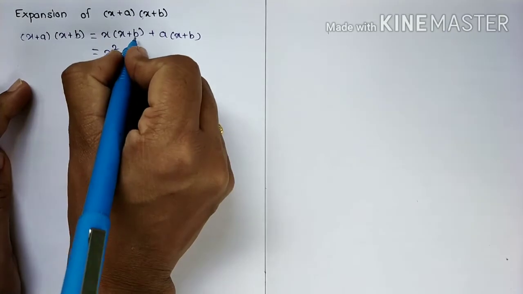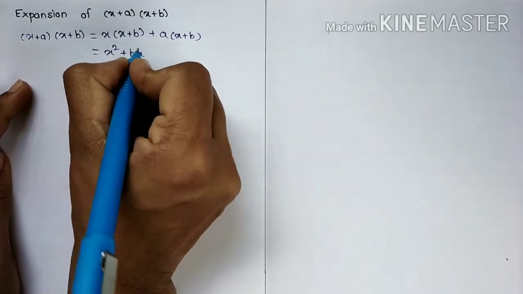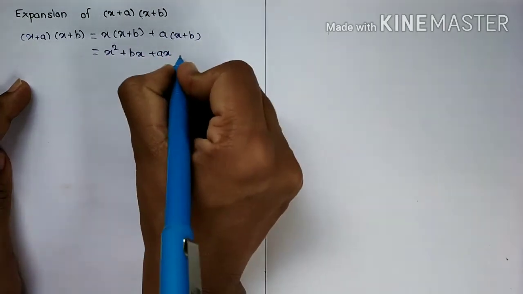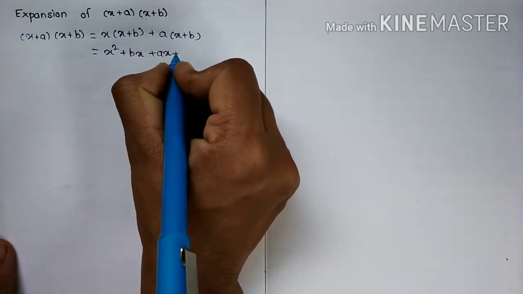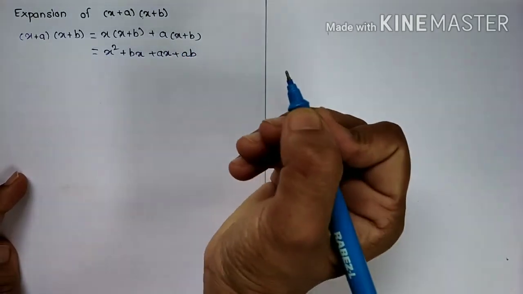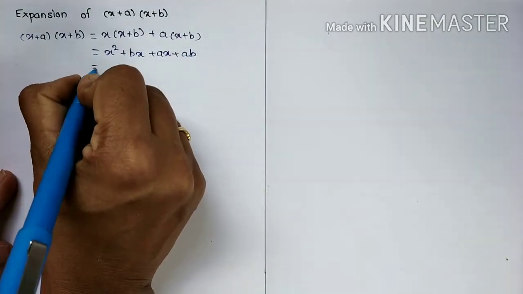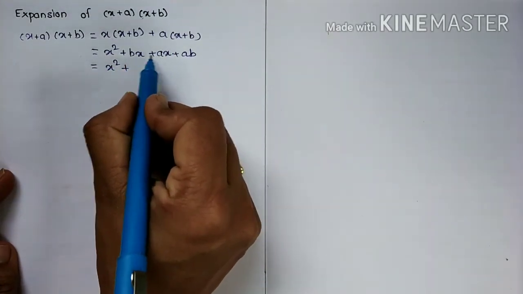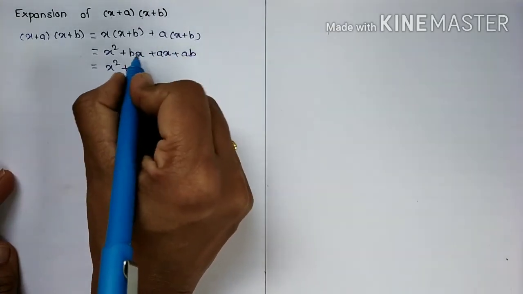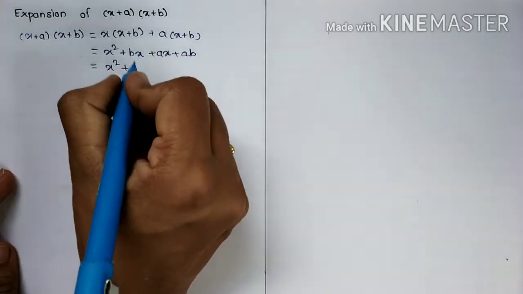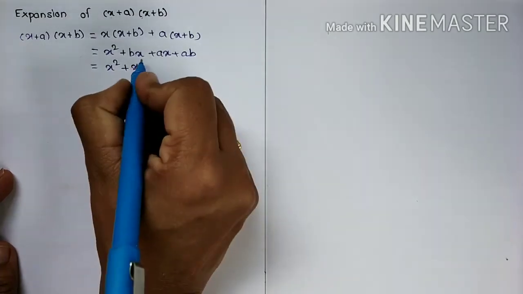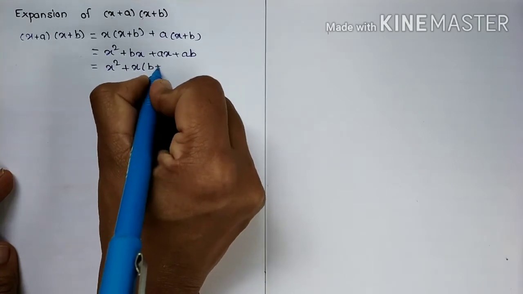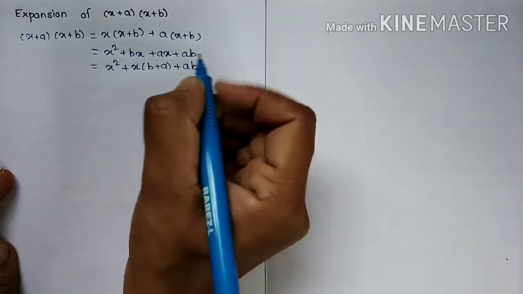plus x into b is bx or xb, plus a into x is ax, plus a into b is ab. Okay, which is equal to x square plus, see these two terms, in two terms x is common, so write x in bracket b plus a, plus ab.